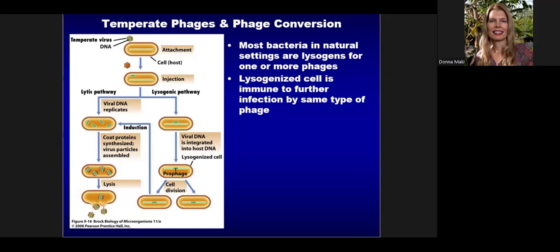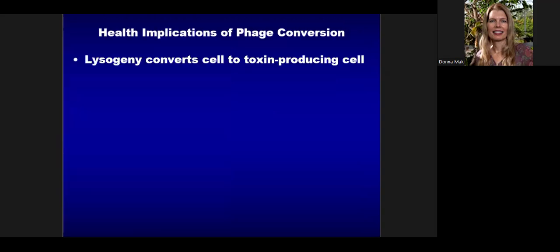Okay, so let me give you an example. There are some bacteria out there where, once the phage DNA inserts into the host DNA, there are stretches of genes on that phage DNA that allow them to produce toxins, where if they didn't have that phage DNA, they couldn't produce the toxin. A classic example is Corynebacterium diphtheriae, which causes diphtheria.